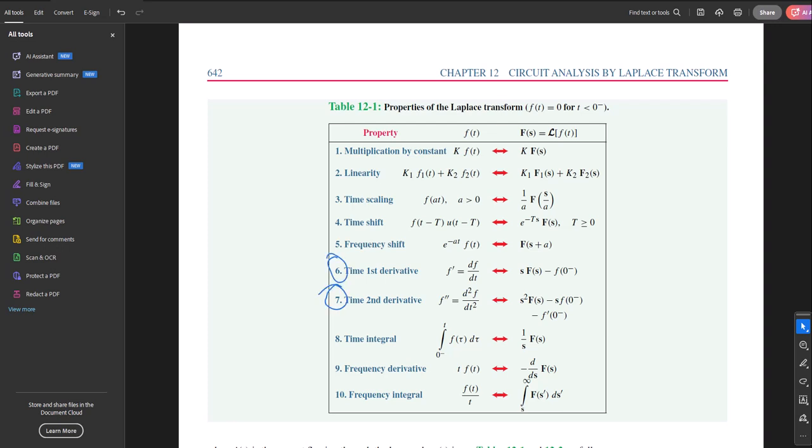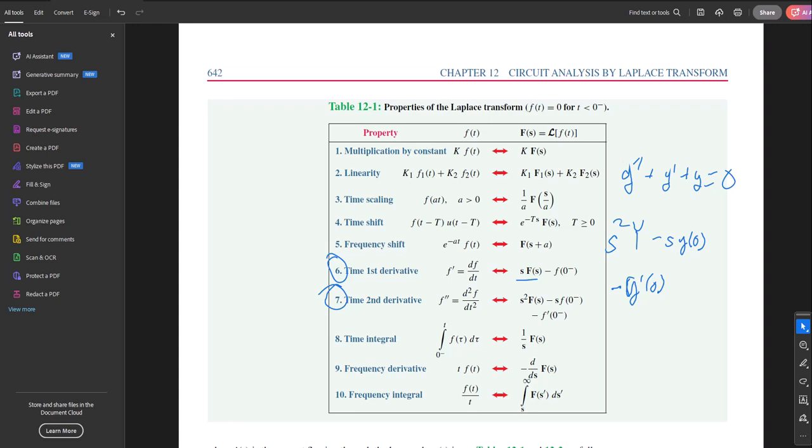When you take the Laplace transform of a derivative, you get back s F of s, which is not a derivative. So if I have an equation that looks like y double prime plus y prime plus y equals 0, and I apply the Laplace transform to everything in that equation, what I get back is s squared times a new function Y, minus s times little y of 0, minus y prime of 0.